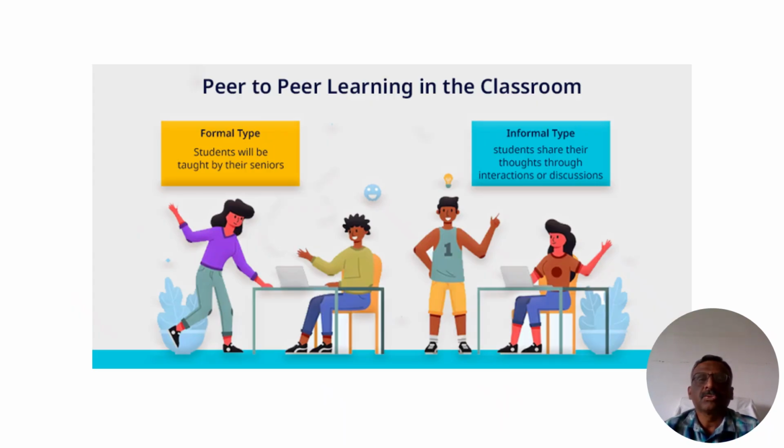Peer-to-peer learning in the classroom can be of two types: formal and informal. In the formal type, students are taught by their seniors. In the informal type, they go along with the same batch, where they discuss and share their thoughts and views.